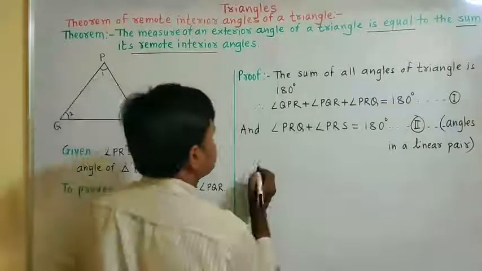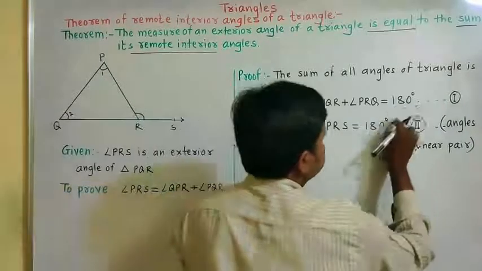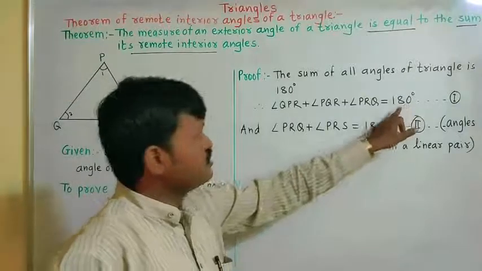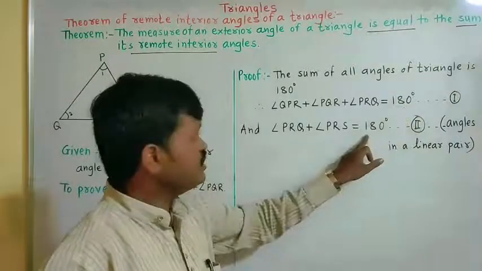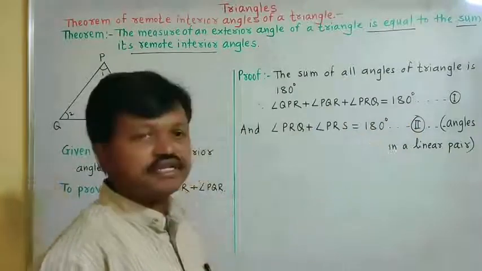Now from equations 1 and 2, the right side is equal to 180 degrees here, and here also it is equal to 180 degrees. So the right side is equal, therefore the left side is also equal.